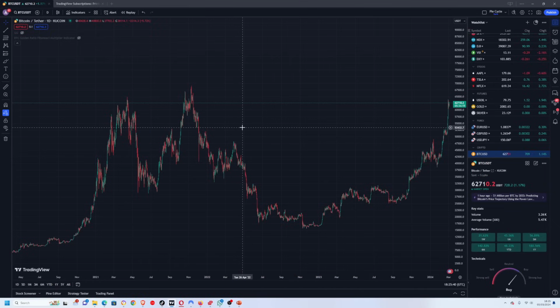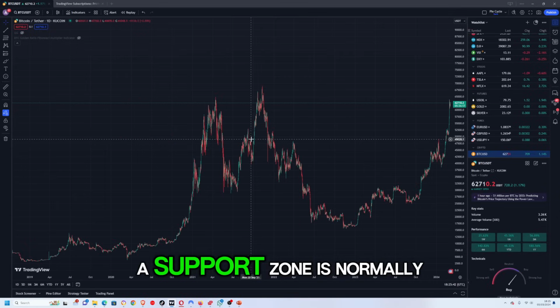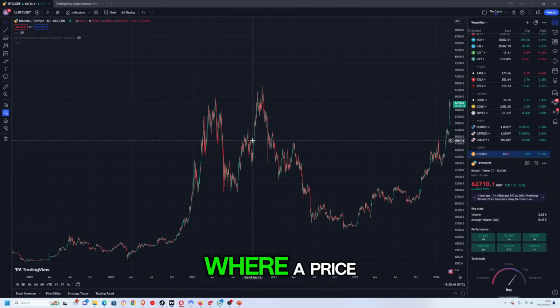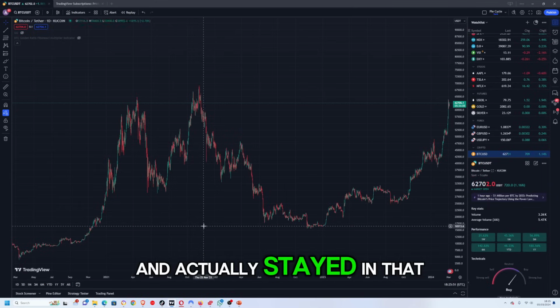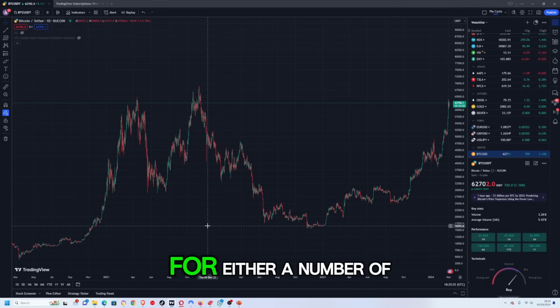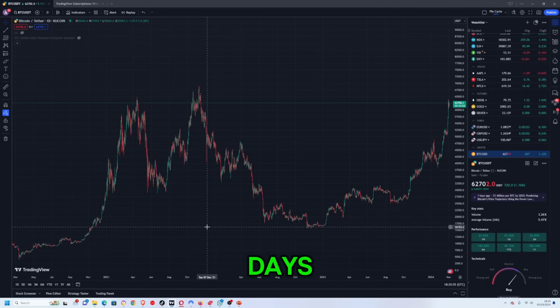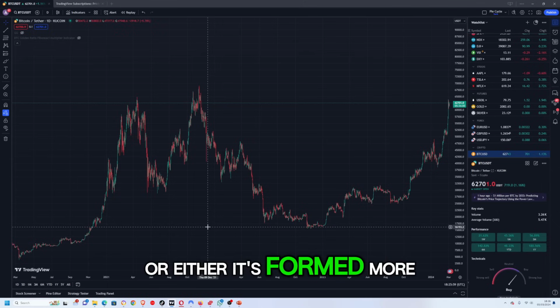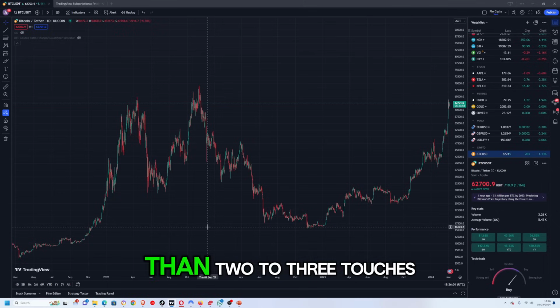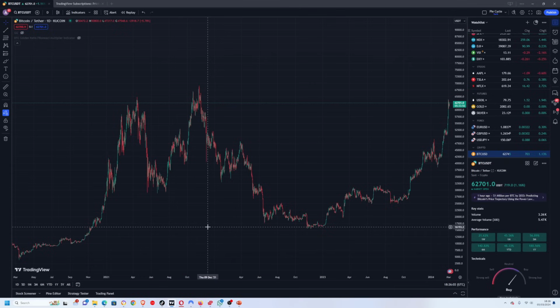So a support zone is normally where a price has hit a level and actually stayed at that level for a number of days, or it has formed more than 2 to 3 touches.